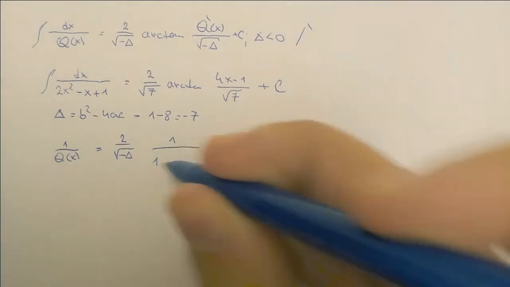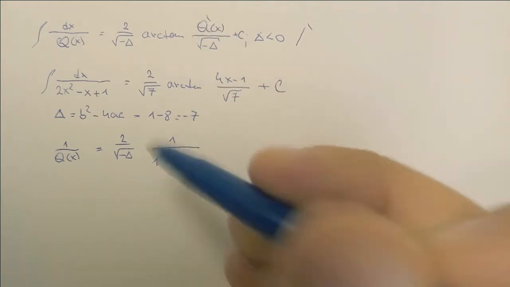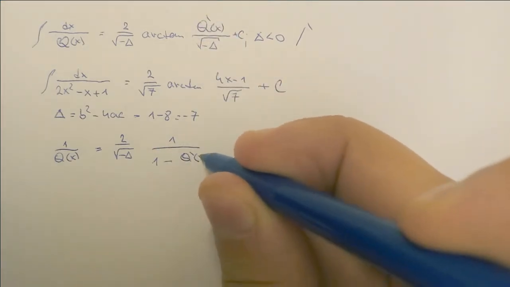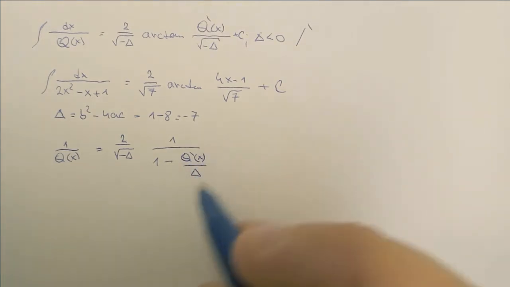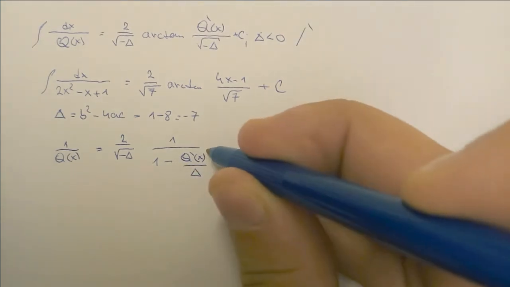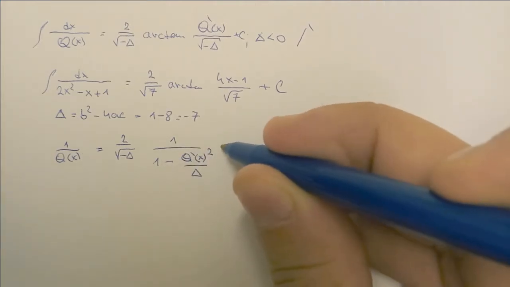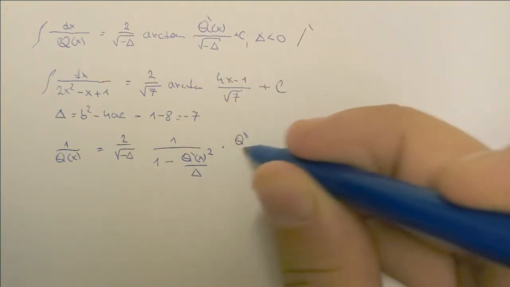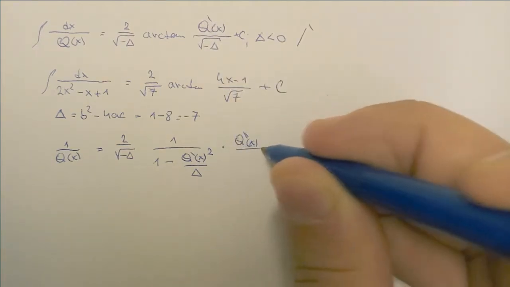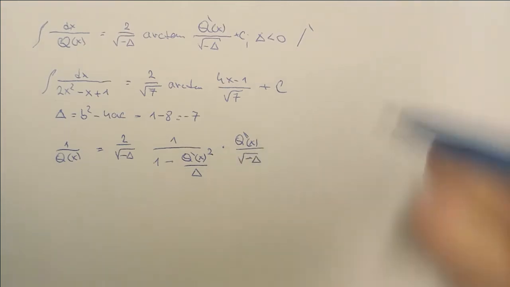So it's 1 plus this squared, which is minus q prime divided by delta. Because delta is negative, this term is positive, squared, positive, and times the derivative of this, which is q double prime of x divided by square root of minus delta.